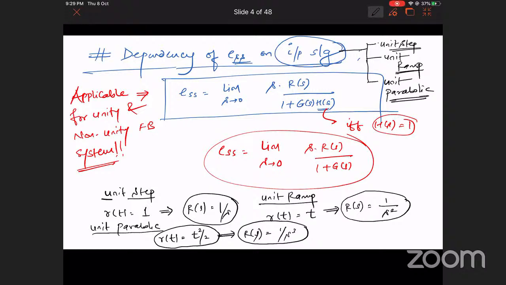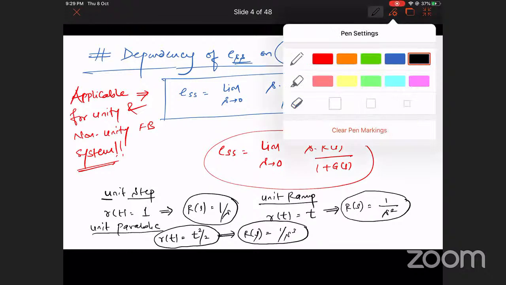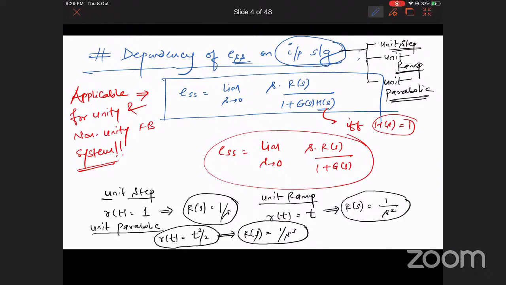I hope you have understood these formulas. For ramp, it is 1 upon s square, and for parabolic, it is 1 upon s cube. Please remember the final thing. For unit step, 1 upon s. For unit ramp, 1 upon s square. And for unit parabolic, it is 1 upon s cube.